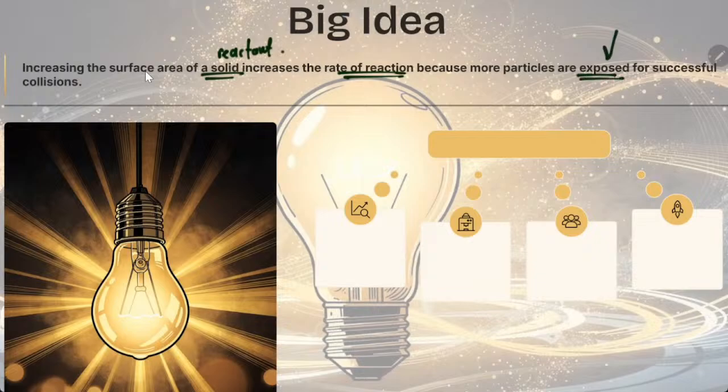This is the most important word. The word exposure. Students, the word exposure. You're going to see it when you get to IG. It's still the same word. Exposure. This is because more particles are exposed. So you're going to have more successful collisions. Are we together?